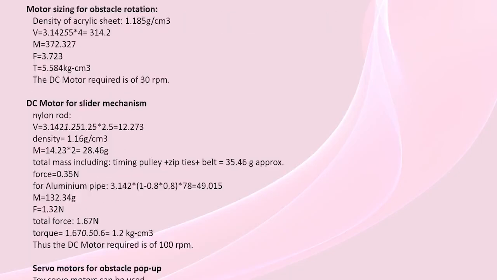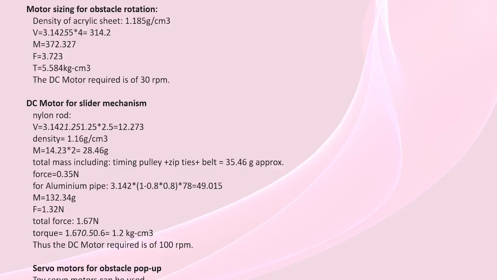Now motor sizing of the obstacle rotation. Similarly, material required is acrylic sheet, so mass and force are calculated. From that, torque is calculated. So the DC motor required is of 30 rpm. DC motor for the slider mechanism to catch the ball. So we are using nylon rod. We have used volume and density, and using that we have calculated mass.